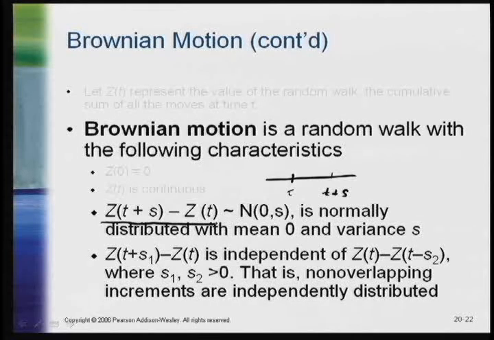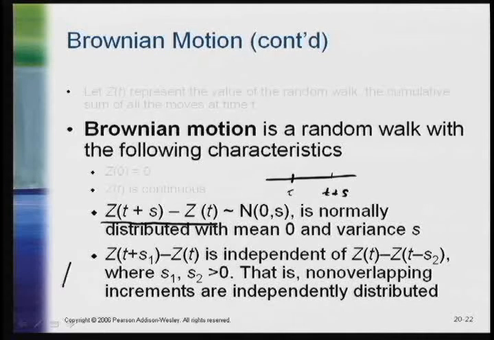So in particular, if I let t be 0, it's saying that the change from time 0 to time s is normally distributed with a mean of 0 and a variance of s. Or we can let t be anything we want. So the change in this process over every interval is normally distributed, mean 0, and the variance is predictable by the length of the interval.